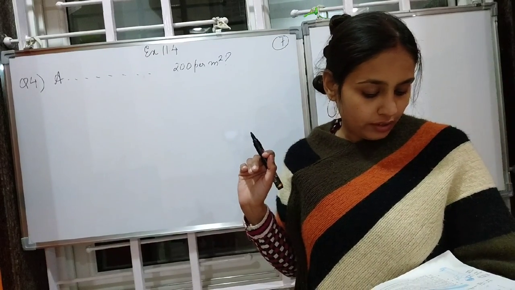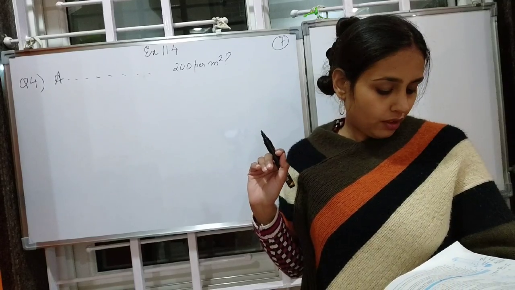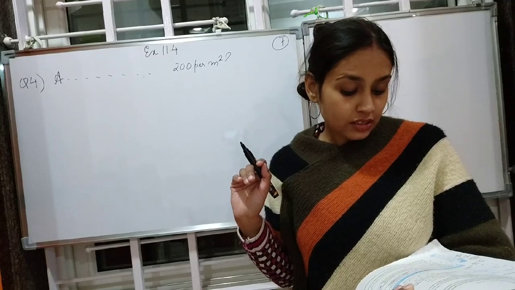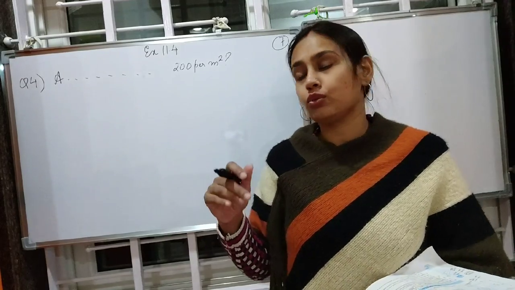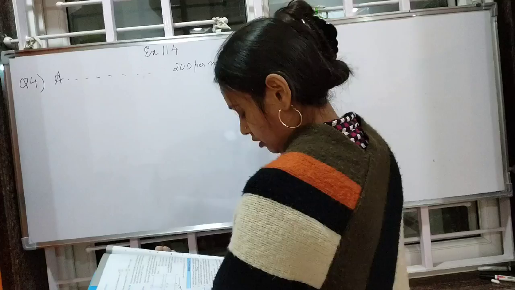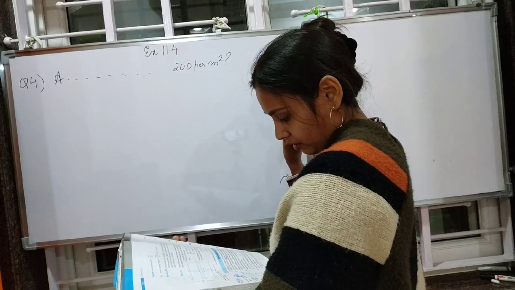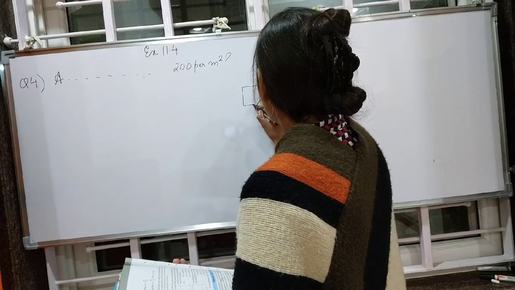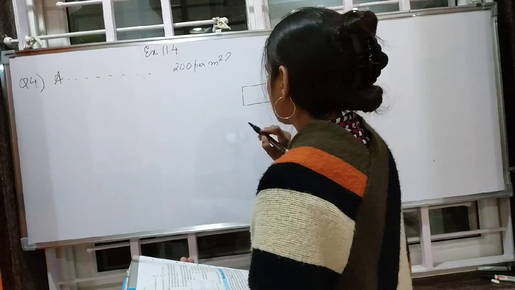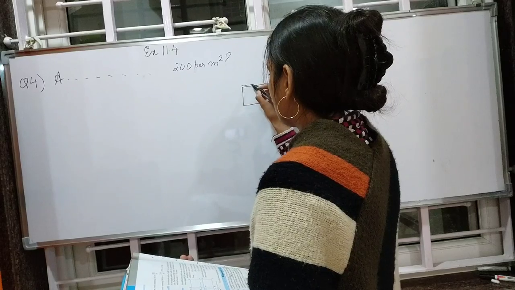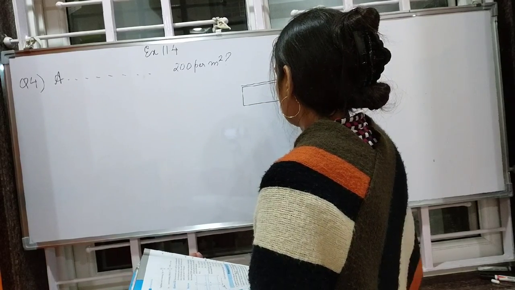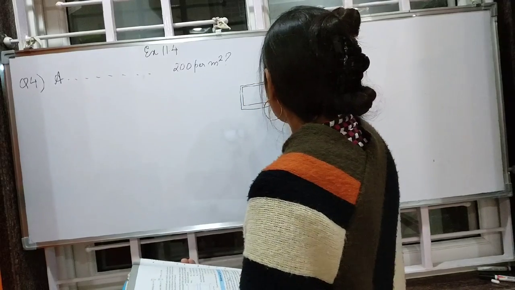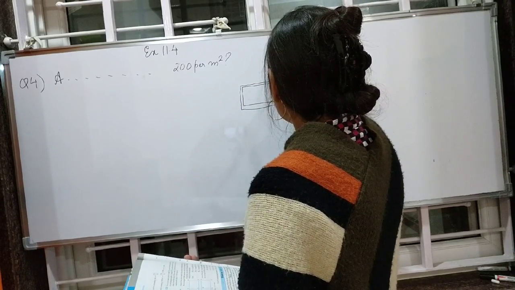So the question says, a veranda of width 2.25 meters is constructed along outside a room. Suppose the room is in the form of a rectangle. If this is the floor of the room, then the veranda is constructed outside like this, and its width is 2.25 meters everywhere.